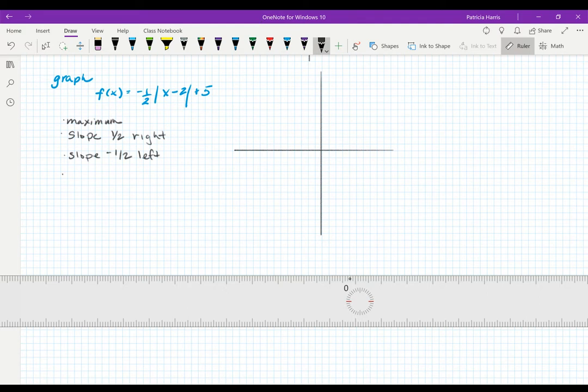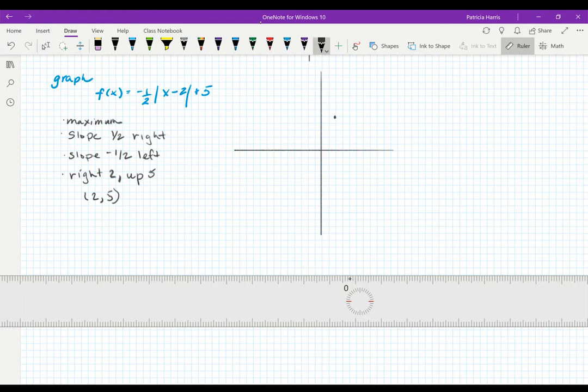We can also tell that our graph moves right 2 and up 5, placing our vertex at 2, 5. Absolute values are easier to graph than parabolas. So first thing we're going to do is graph the point 2, 5 right there, and then we're going to count out our slope.